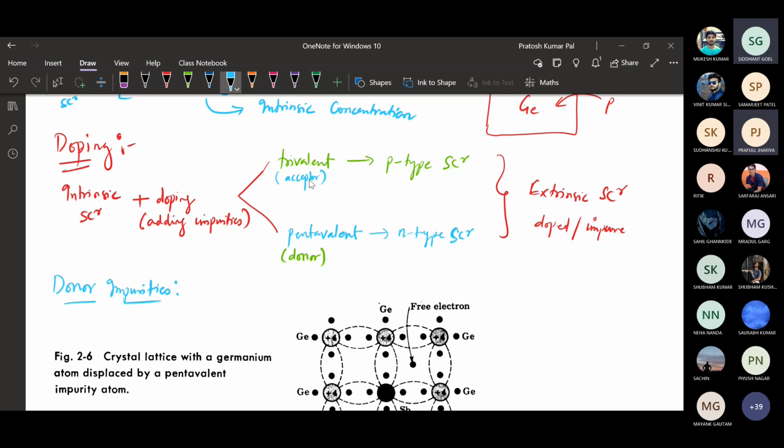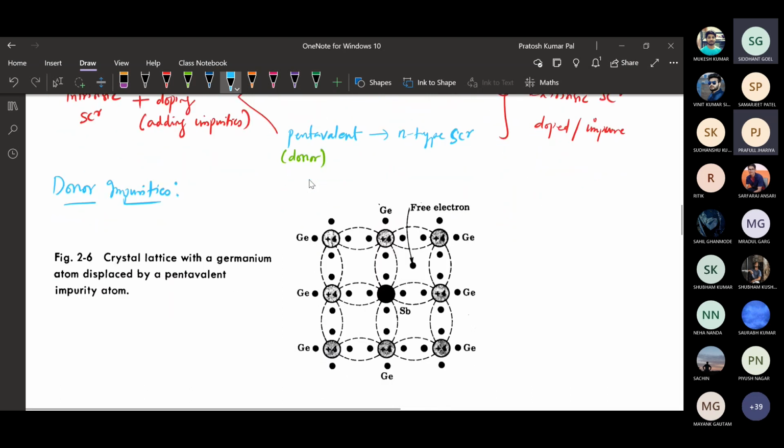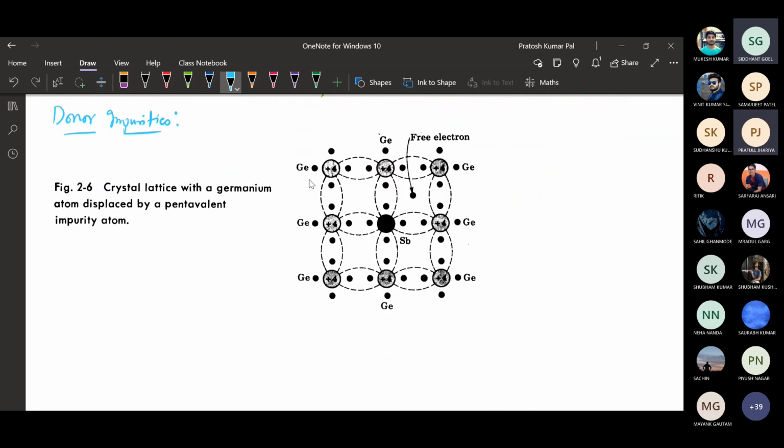So this donor impurities are like this figure. One of the donor impurities is Sb, that is called antimony. Here it is pentavalent.